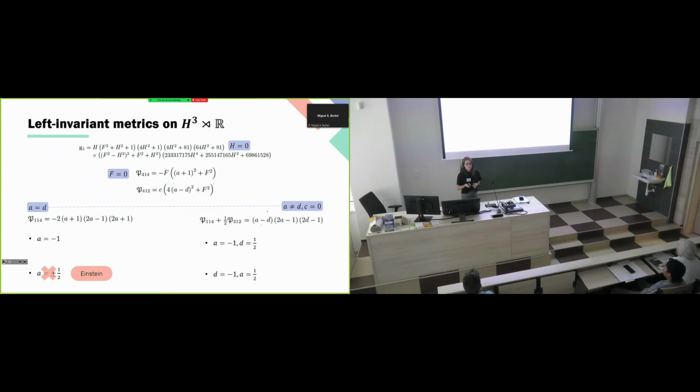But studying a little bit more, we see that we can forget about this one because it gives rise to an Einstein metric, so it is automatically harmonic, so it does not give any strictly half-harmonic examples. And these other two are equivalent through a change of coordinates, so you just need to interchange E1 with minus E2 or something like that. So we just need one of them.